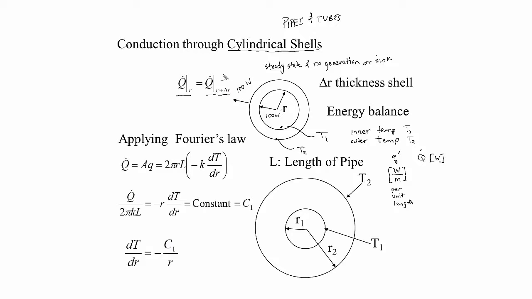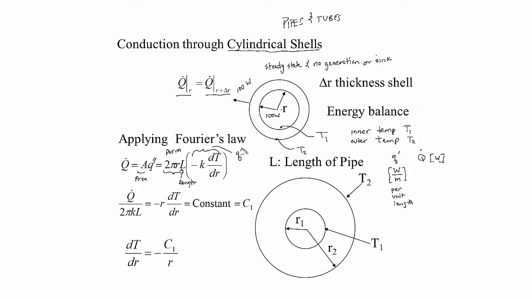All right, now let's understand what Fourier's law says. This is not Fourier's law specifically, but the heat transfer rate is equal to the area times the heat flux, double prime, which is equal to this area, which is the perimeter, times the length, so this is the pipe length, times a description of the heat flux.